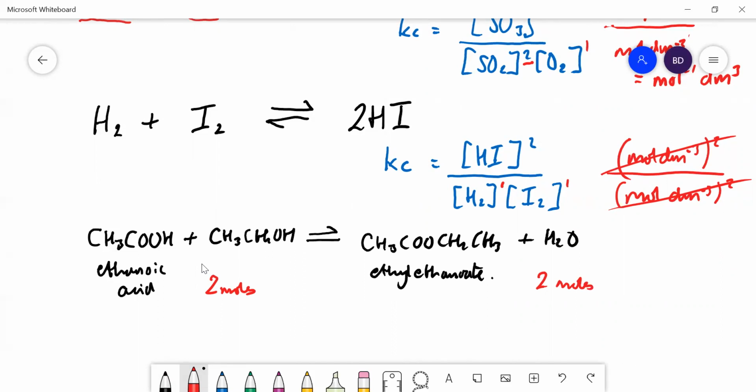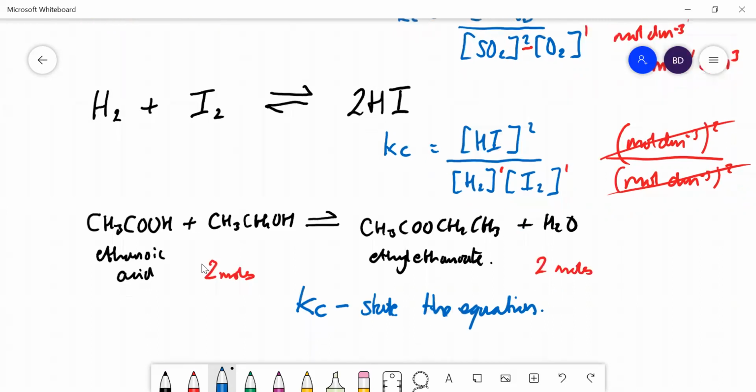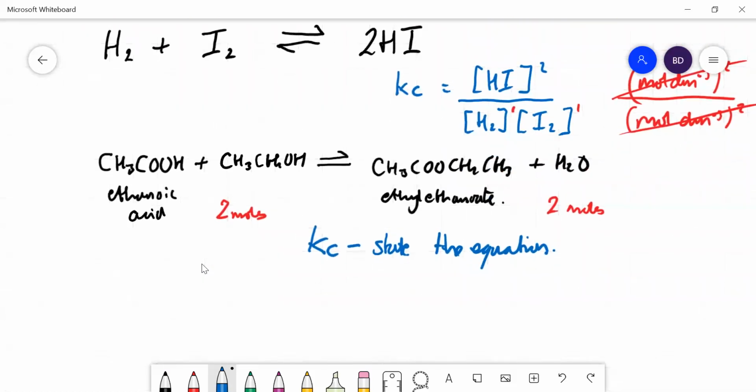Now, whenever you state a value of Kc, it's meaningless to talk about Kc unless you state the equation. There's no good saying the Kc for the formation of ammonia. And we'll see why. Let's take this example.